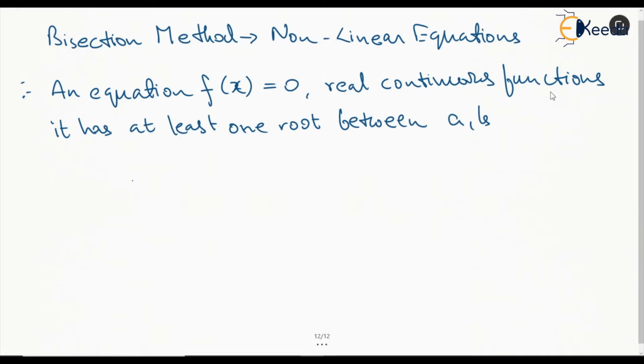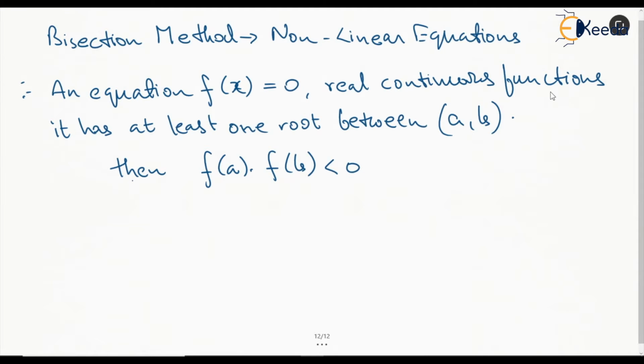So these are the points of x between which we are expecting at least one root. So in that case, then f of a into f of b should be less than 0.